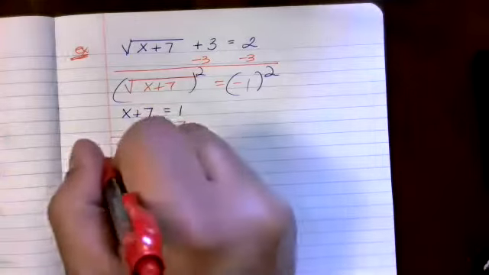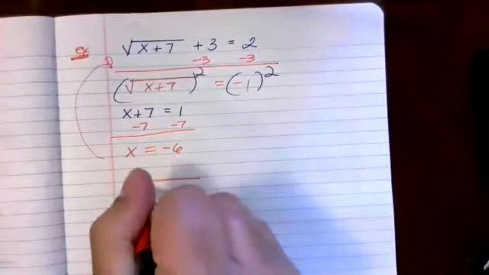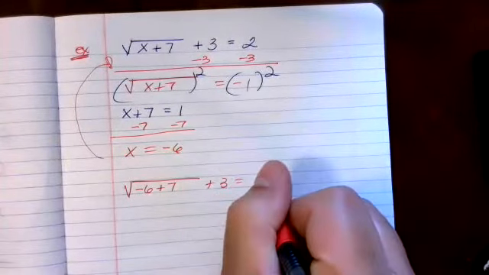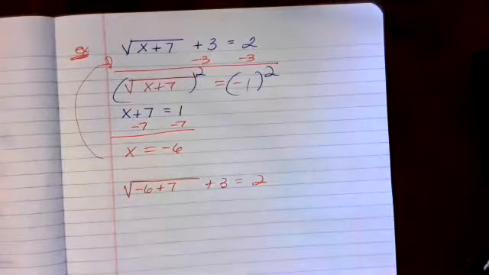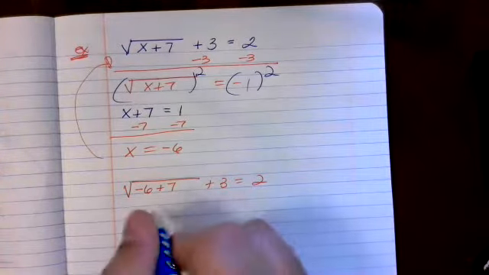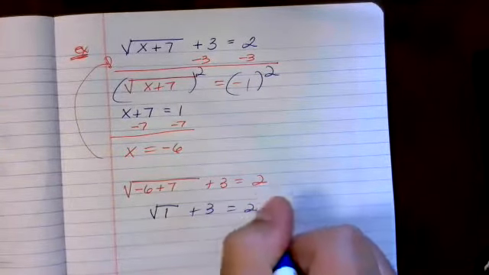I want to check this, so I want to plug it back in. So I'm going to have the square root of -6 plus 7, plus 3, is equal to 2. I want to see if this is a true statement. Is the left side equal to the right side? -6 plus 7 is the square root of 1, plus 3.